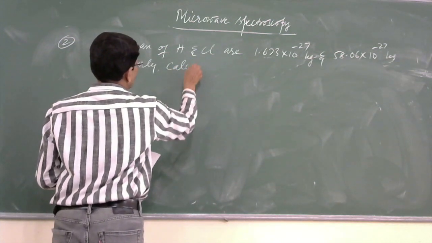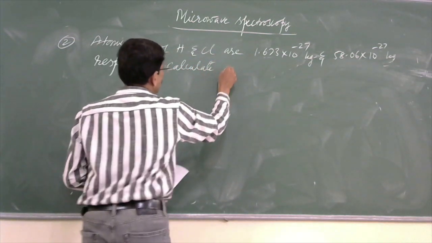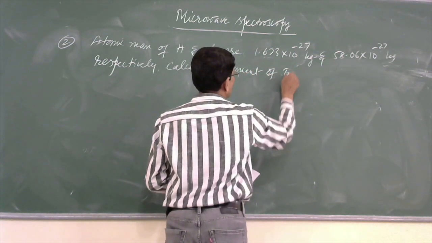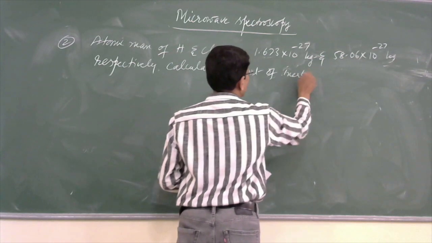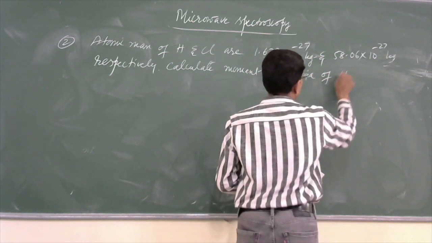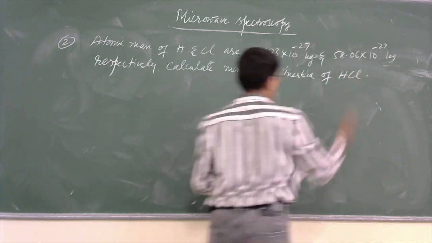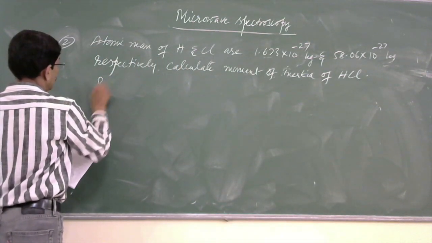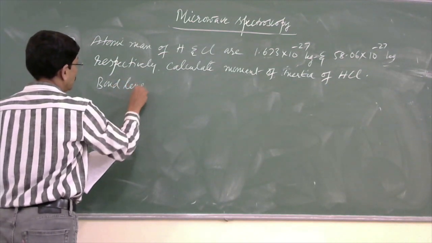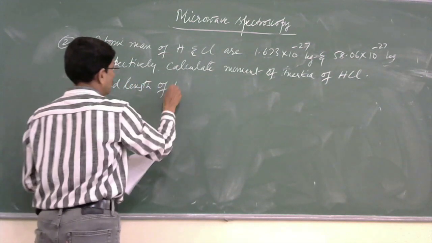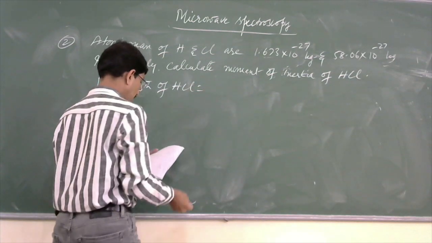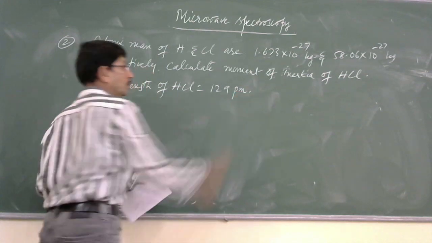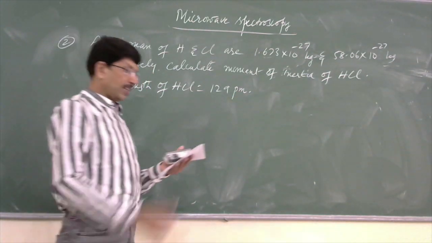Calculate the moment of inertia of HCl. Bond length of HCl is equal to 129 picometers. So 1 picometer is 10 to the power minus 12 meters.